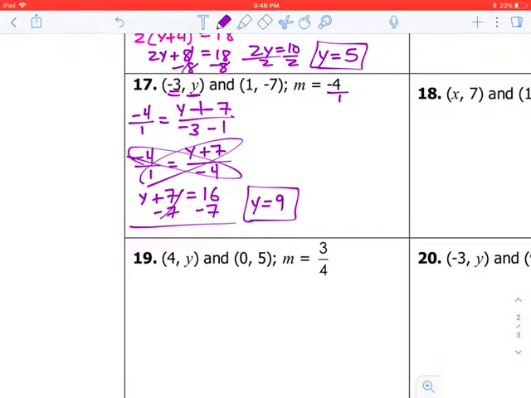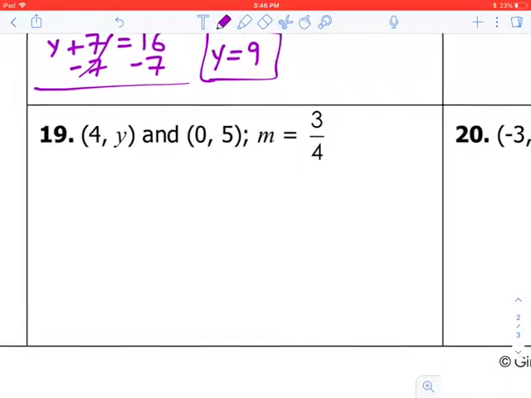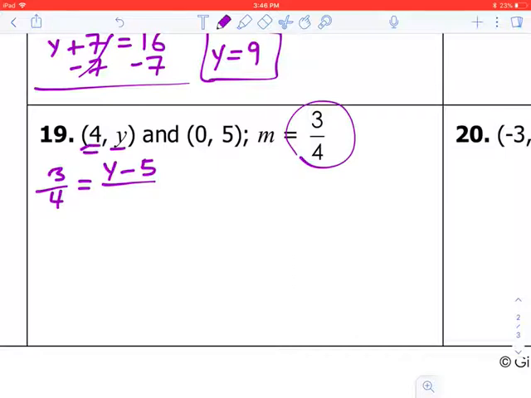All right. So one more, last one. 3 over 4 is my slope, so 3 over 4 equals y minus y, which is y minus 5 in this case, and x minus x, so 4 minus 0. So 3 over 4 equals y minus 5 over 4.